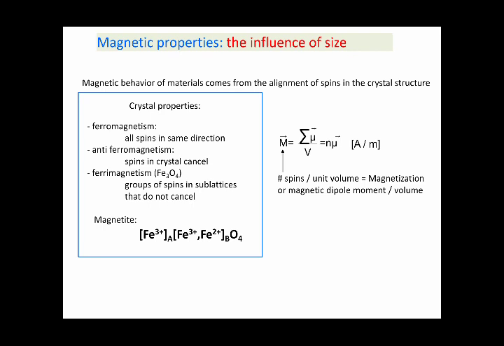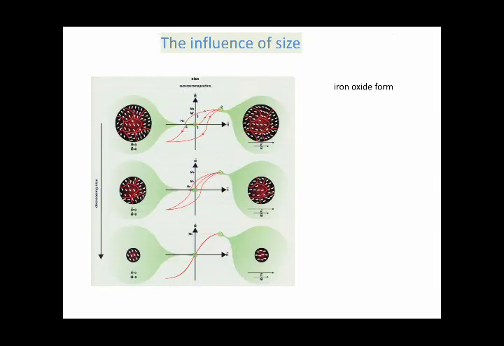And now we have to calculate how much magnetic property a nanoparticle has. We calculate it using this formula, which tells us the magnetic dipole moment per unit volume. And then it always depends on how these nanoparticles behave in external magnetic fields. So we can see here that if a particle is of a larger size, it will have different lattice and electrons will be moving in different directions.